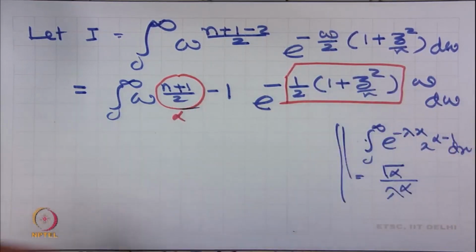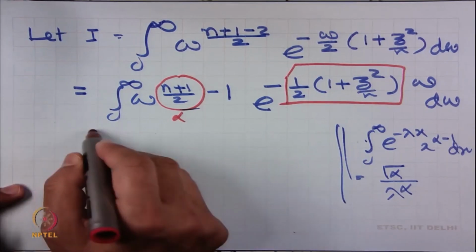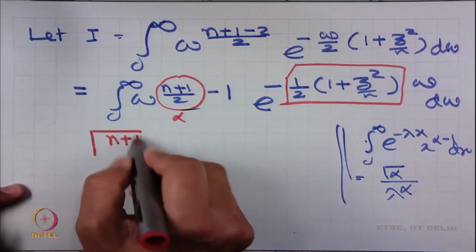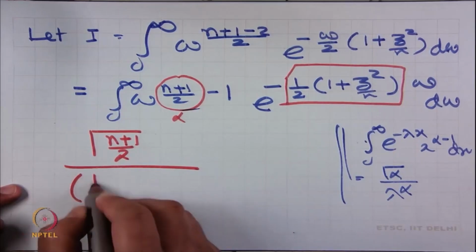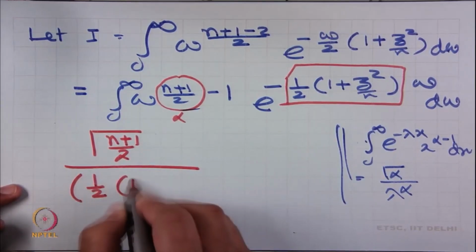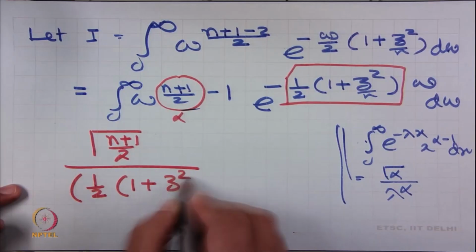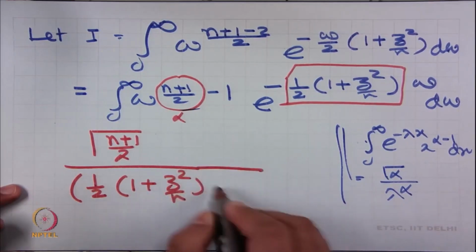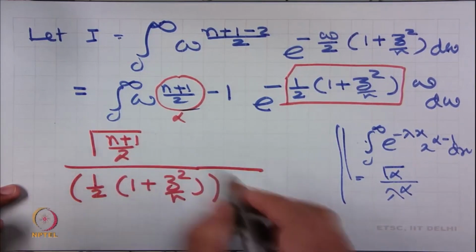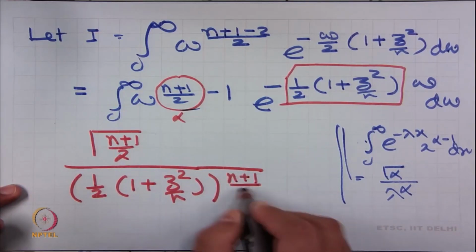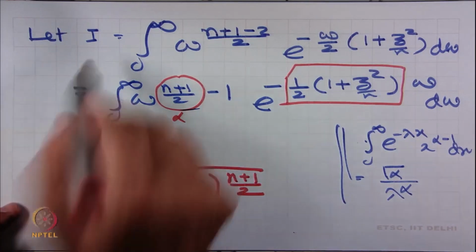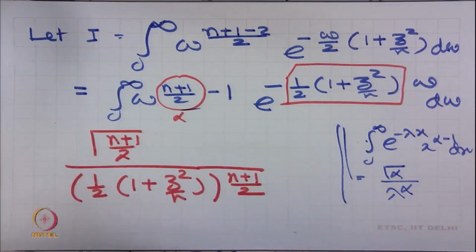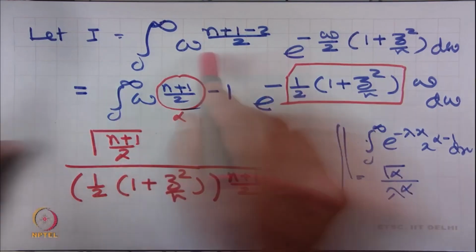Therefore, this integration is coming out to be gamma n plus 1 by 2 divided by half into 1 plus z square upon n whole to the power n plus 1 by 2. Okay? So, this is the integral of this part.